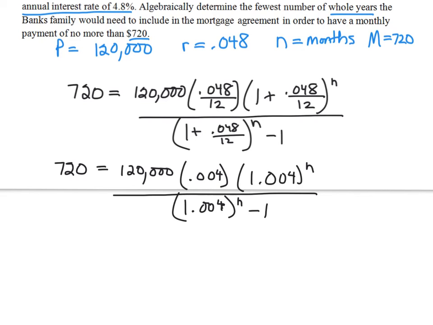Now, I'm going to treat this like a proportion. So I'm going to say 720 really goes over 1. I'm going to cross multiply here and cross multiply this way, and at the same time, I'm going to multiply these two constants together.